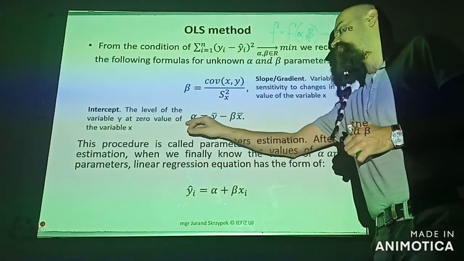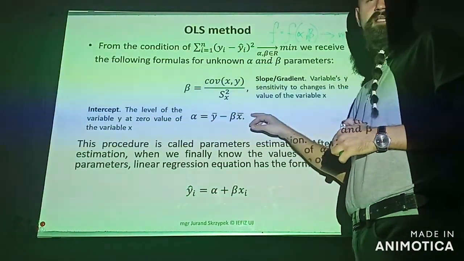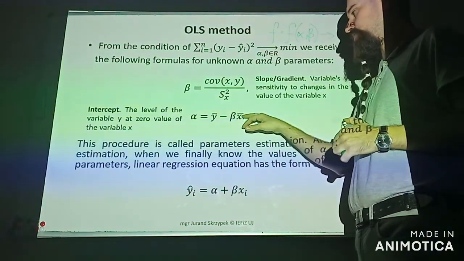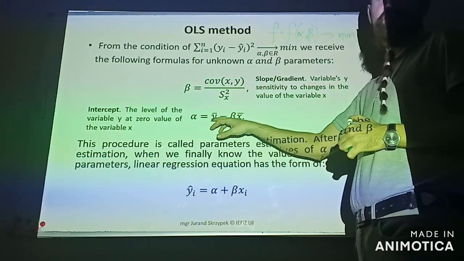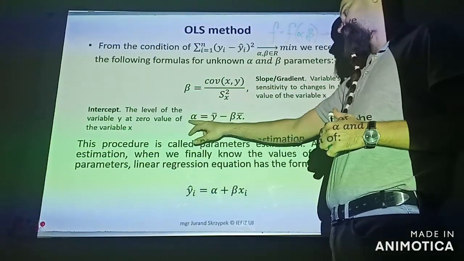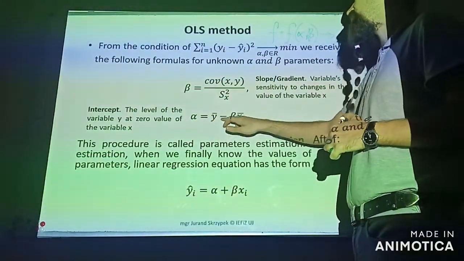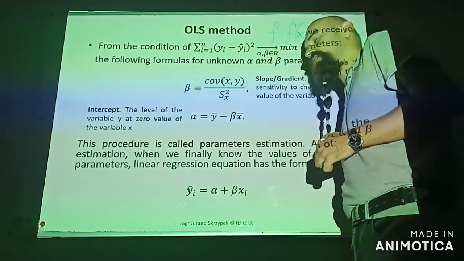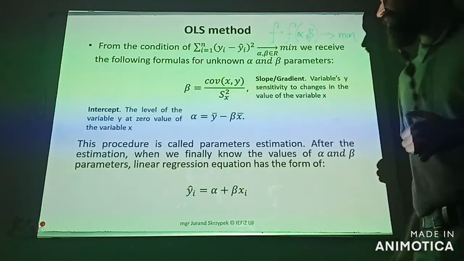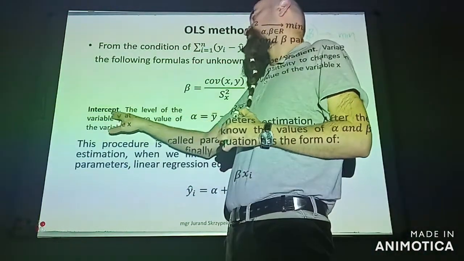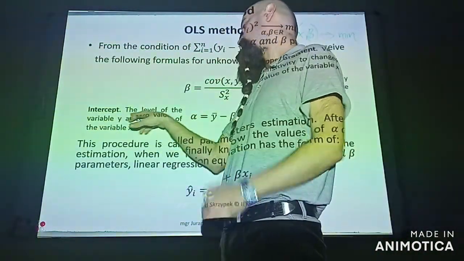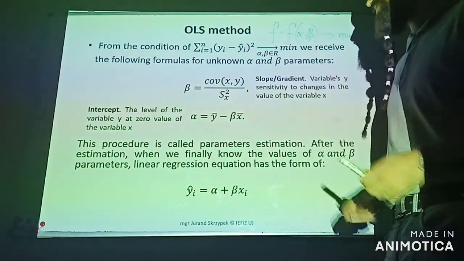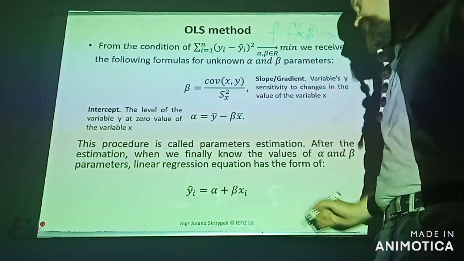And here we have the alpha parameter. Let's remind ourselves of the properties of the arithmetic mean. The alpha parameter is equal to mean y minus the beta parameter multiplied by mean x. The alpha parameter is also called the intercept. It's the level of the variable y at the zero value of the variable x.